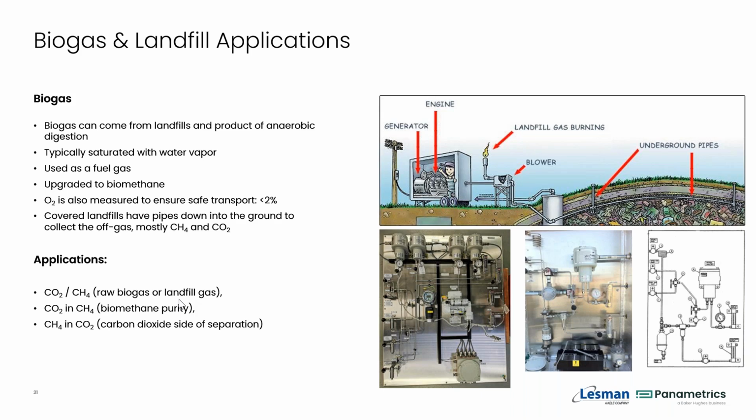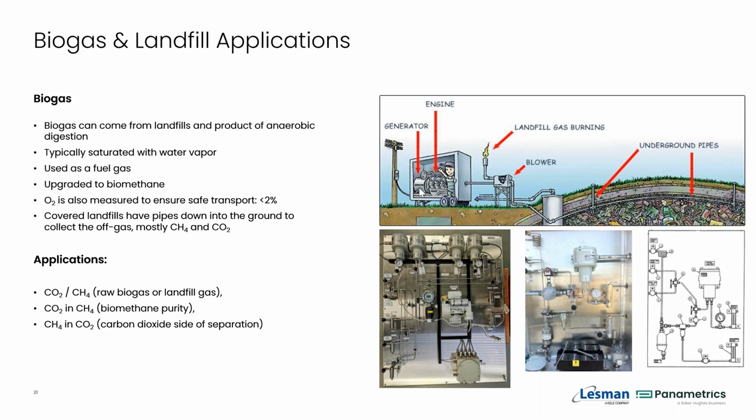They just may use it as a fuel gas, burn it, and go from there. Especially if whatever they're burning with or for, the generator, for instance, can take a high CO2 content gas and burn it.